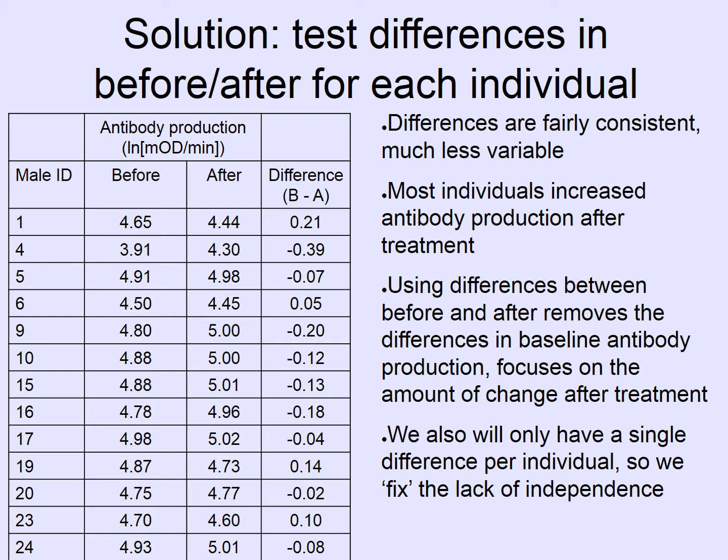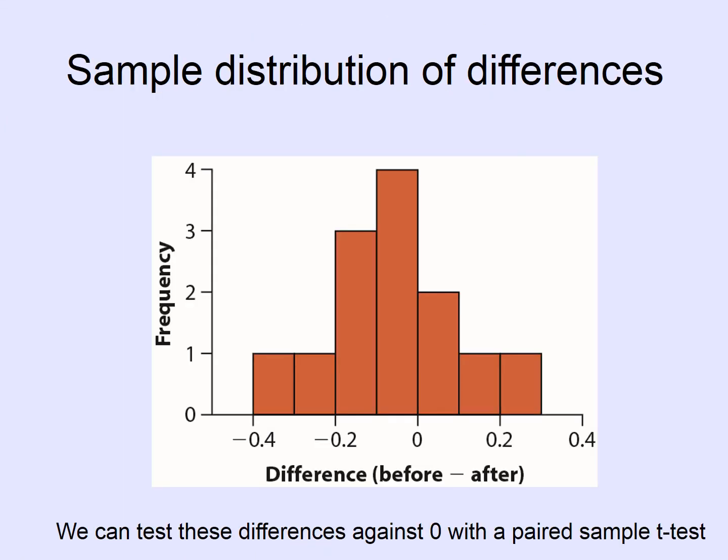It is the data in the difference column that becomes the data we use in our statistical null hypothesis test. Here's our frequency distribution of those differences, and we want to now test this against 0 with the paired sample t-test. Notice our sample frequency distribution is centered on 0.